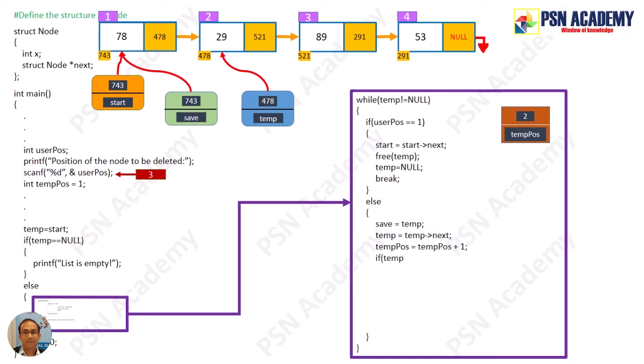Now you check whether temp_pos is matching with user_pos. You see that the user_pos is 3 now. That means the user wants to delete the node at 521, right? But temp is actually pointing to one node behind the required node to be deleted, right?